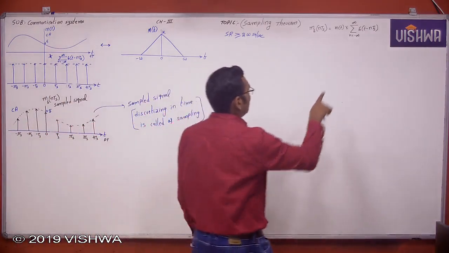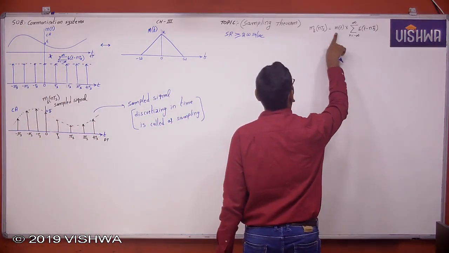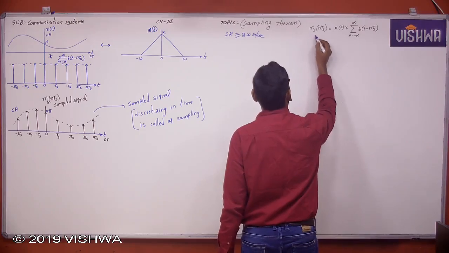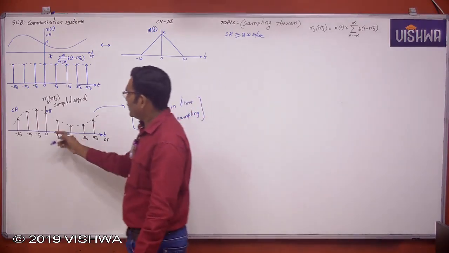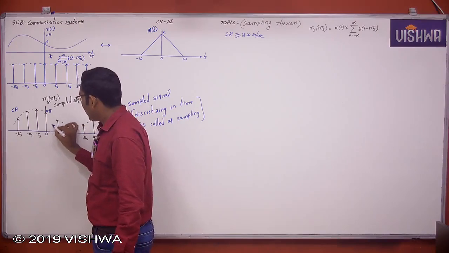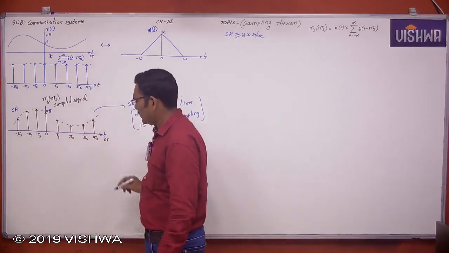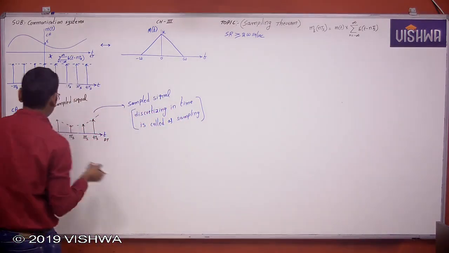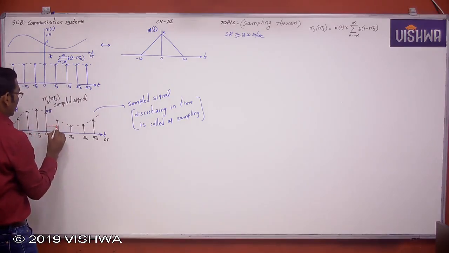This is the impulse train. A train of impulses multiplied with a continuous wave signal gives the sampled signal. Here the successive time difference between each sample is Ts seconds.